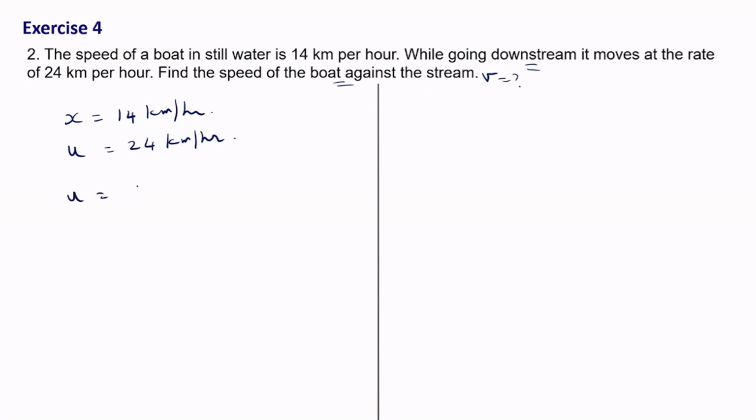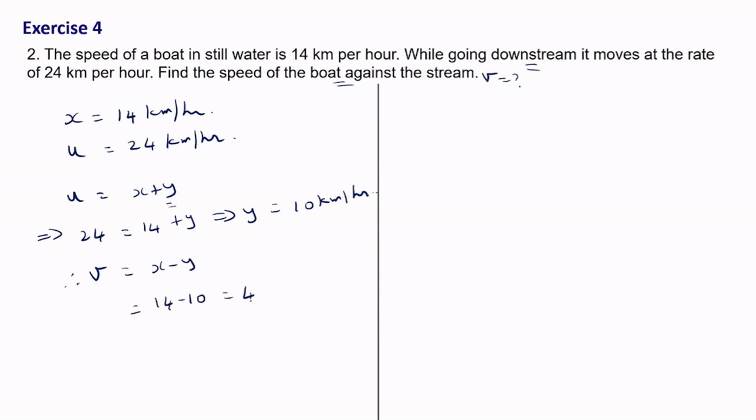So u is nothing but x plus y, where y is the speed of the stream. So this implies 24 is equal to 14 plus y, or y is equal to 10 km per hour. Therefore, v is equal to x minus y. So it is 14 minus 10, which is 4 km per hour.